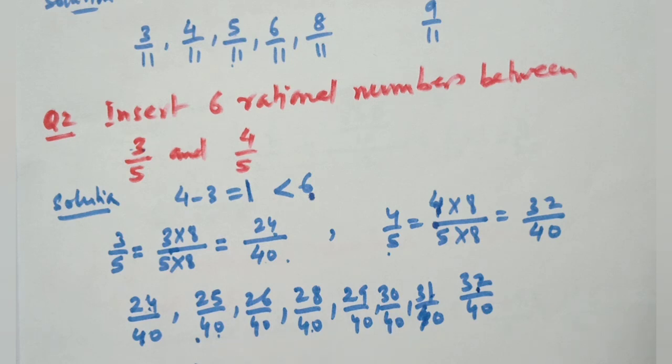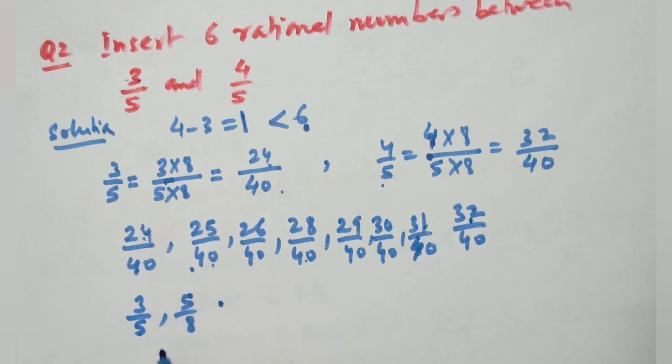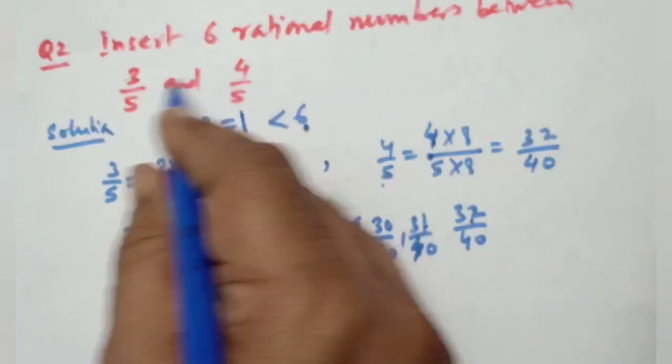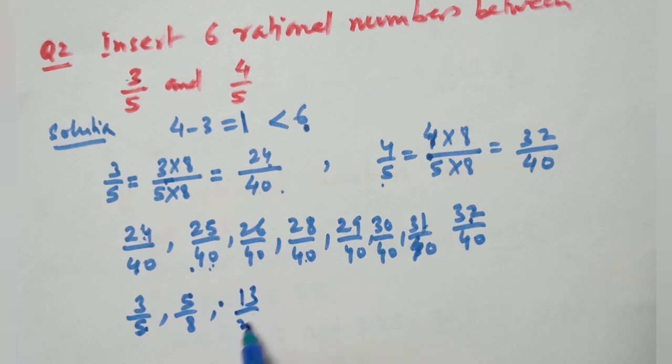Now you can rewrite these numbers in the simplest form, in their lowest term. So you cancel this, so it becomes 3 by 5, that is our given number. If you cancel this by 5, it becomes 5 by 8. This you cancel by 2, so it becomes 13 by 20. This you cancel by 4, so 7 by 10.